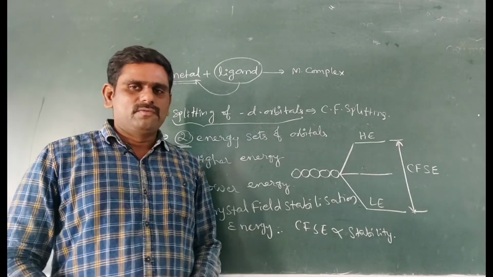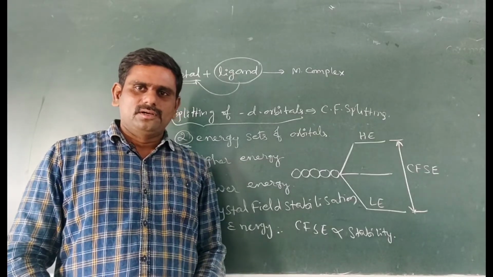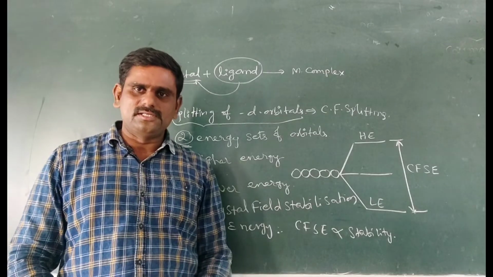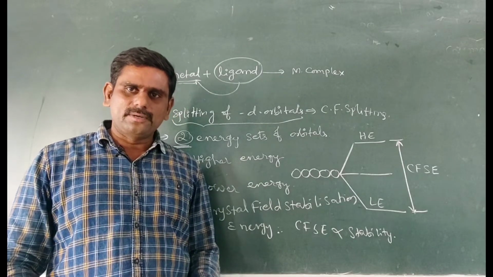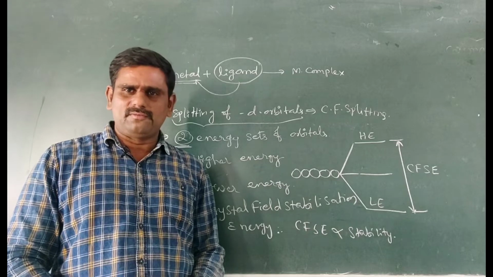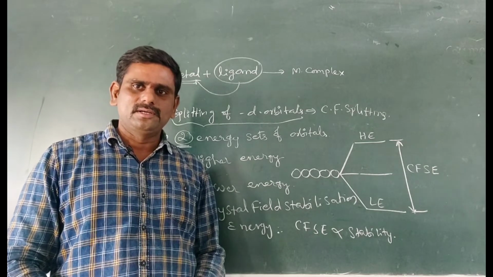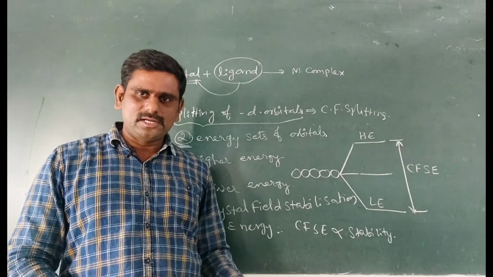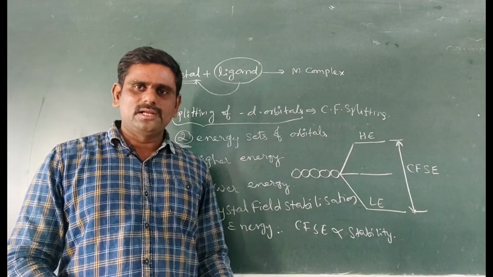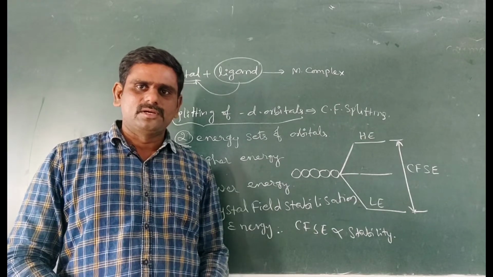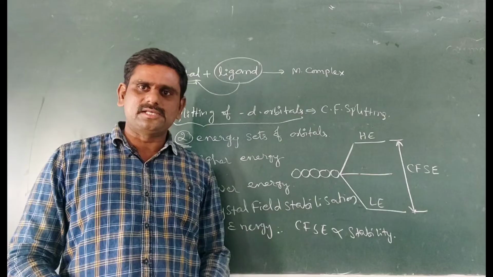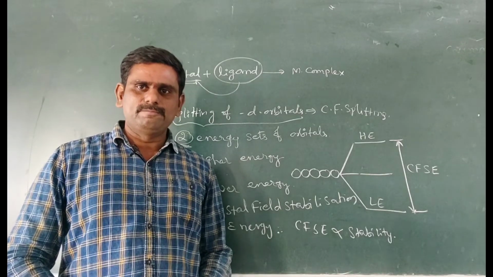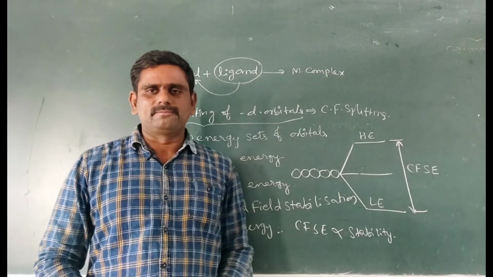In a free metal ion, there are 5 d orbitals which have the same energy, termed degenerate orbitals. When ligand orbitals approach the degenerate set of d orbitals in a metal, splitting of d orbitals takes place due to the repulsions between electrons present in the orbitals of the metal ion and the ligand orbitals. Due to this repulsion, two sets of energy levels are formed. This splitting is said to be crystal field splitting.